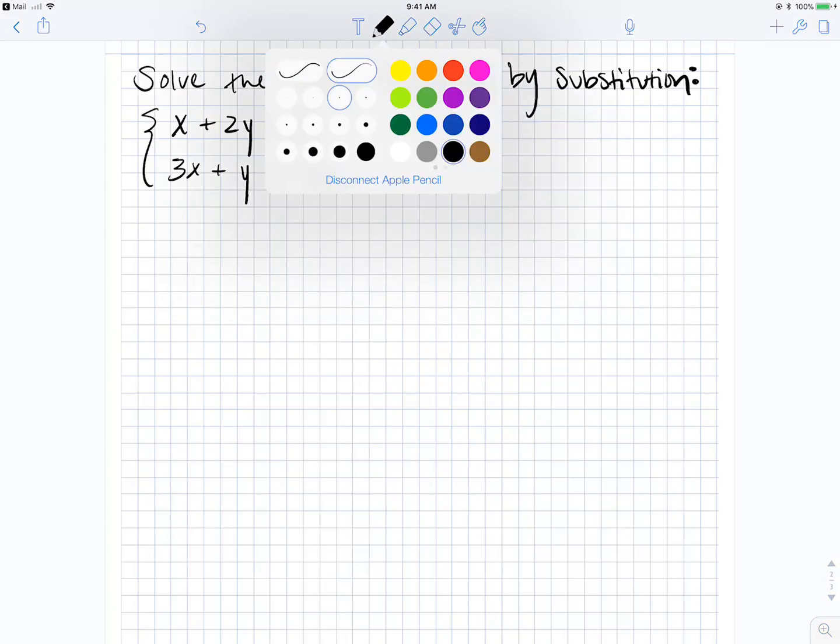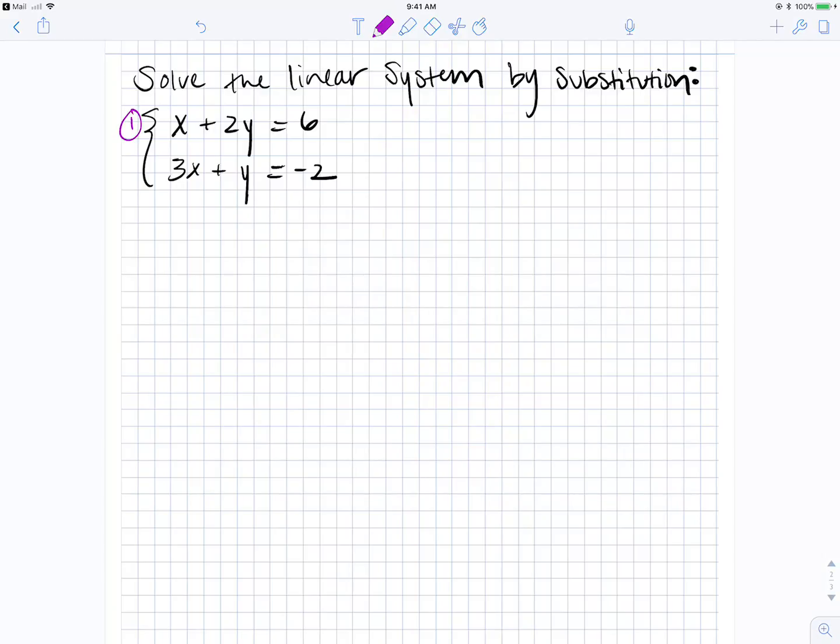So I'm going to label this as equation 1 and equation 2. Okay, and looking at each equation, it really doesn't matter whether you want to solve for x or y in either equation.